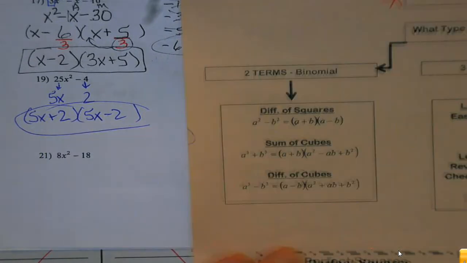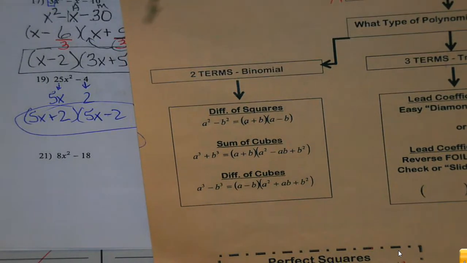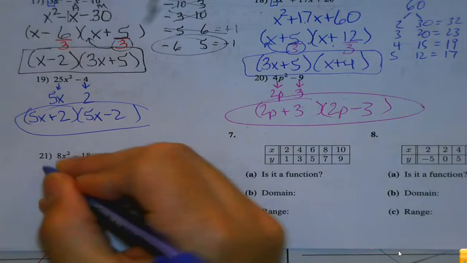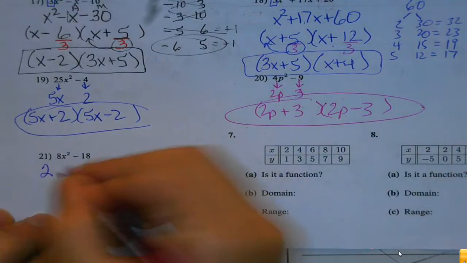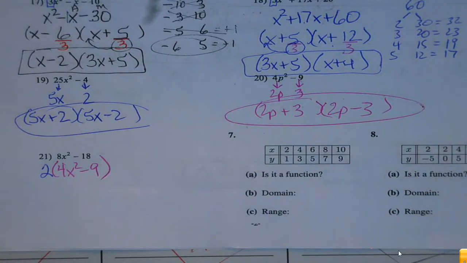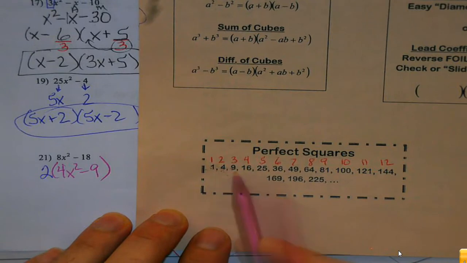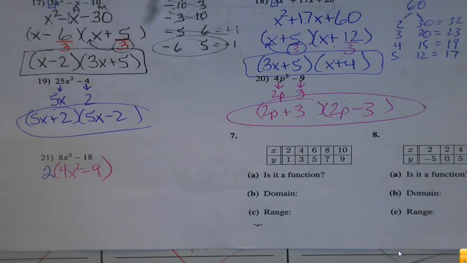Oh, does anything divide into 8 and 18? Even if it's little. 2. If I divide those each by 2, something absolutely shocking and amazing happens. All of a sudden, what's left are perfect squares.